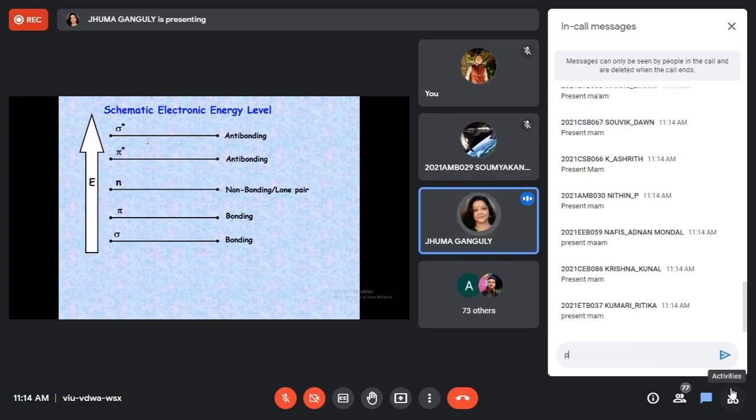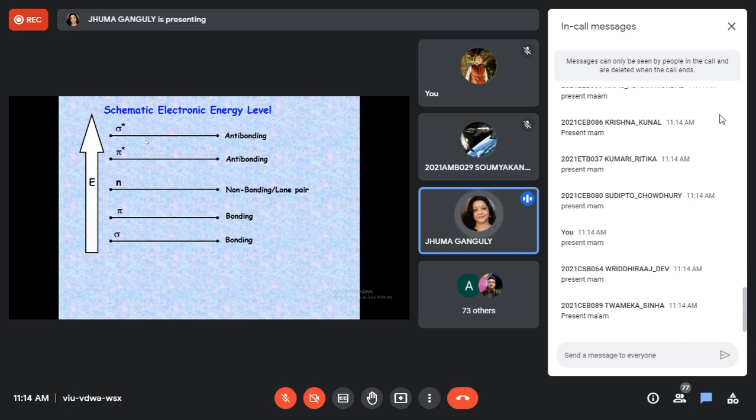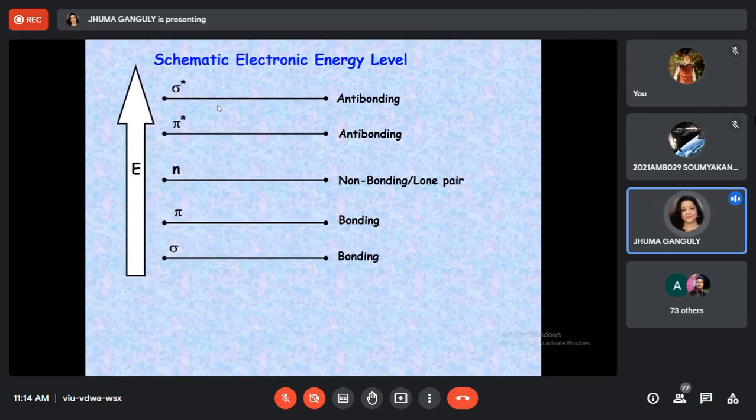Now the next part, pi. Pi bonding is the same situation. If the two electrons are in the formation of the hybrid pi bonding, then immediate hybridization according to the concept, they form the pi bonding. And there is always an opposite action because of the repulsion.